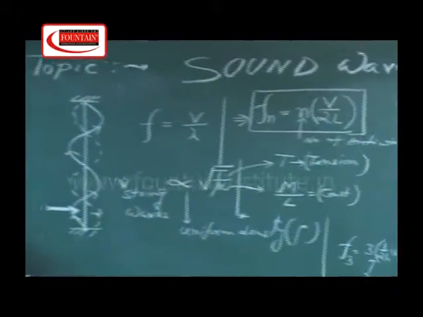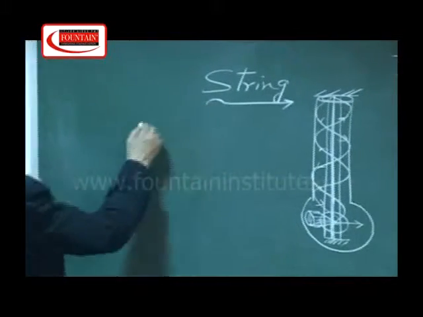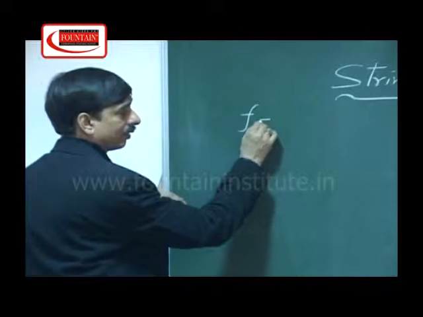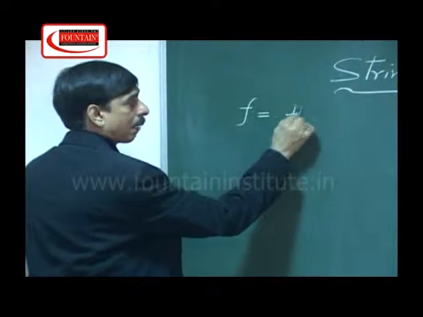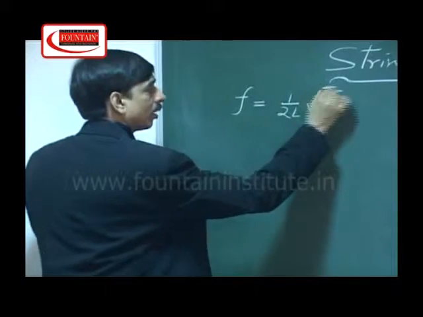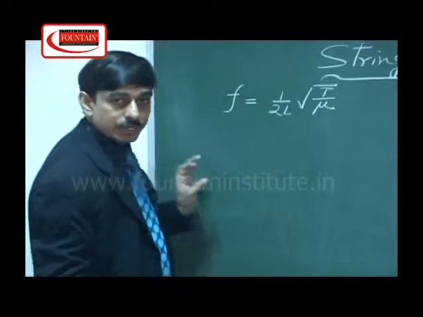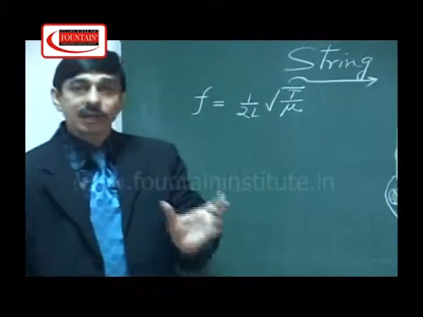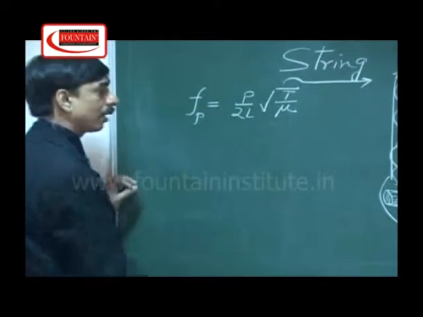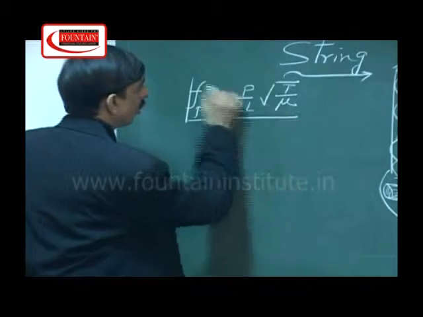So this law is modified as a string law, such that a string wave produces the frequency which is basically 1/2L under root of T by mu. If p number of superpositions take place, that is p number of antinodes are produced, it becomes fp is p/2L under root of T by mu. P is the number of antinodes or loops.